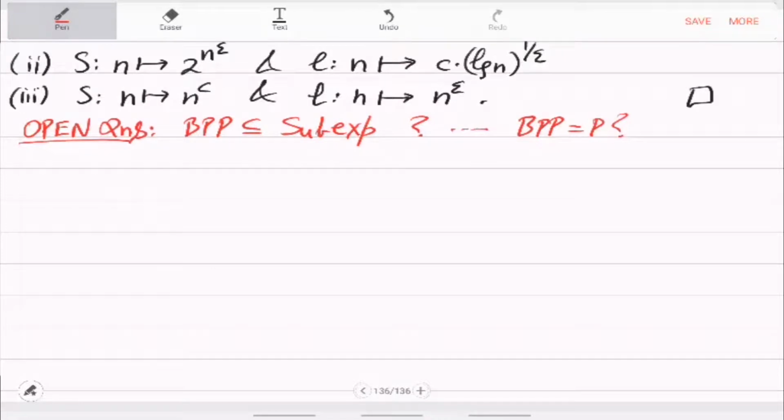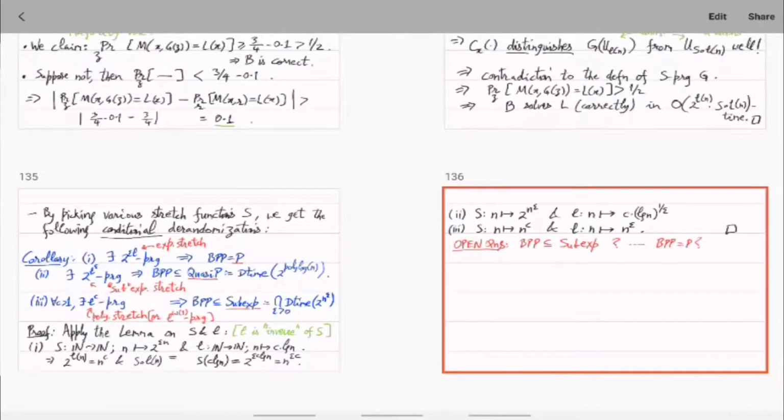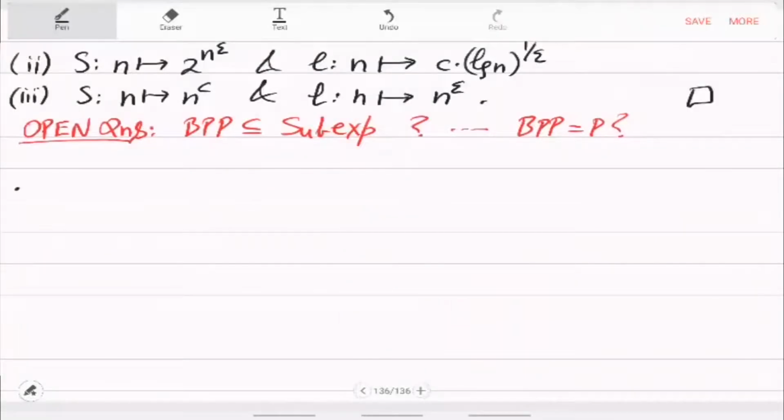Okay, so what this previous connection, this corollary in blue, is showing, is all these stretch PRGs are also open questions. Okay, we don't know whether they exist. So how do we construct these PRGs?